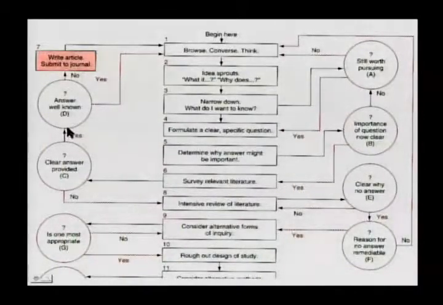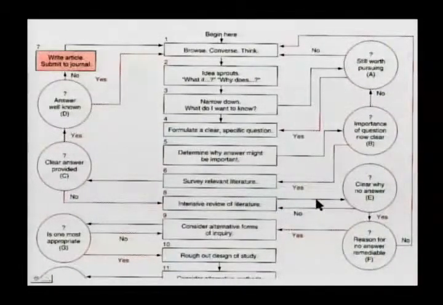If yes, that the answer is well known, already published, you have to go back and refine your thinking to come up with a unique idea. If the clear answer is not provided, the no, then proceed to number 8, intensive review of the literature.